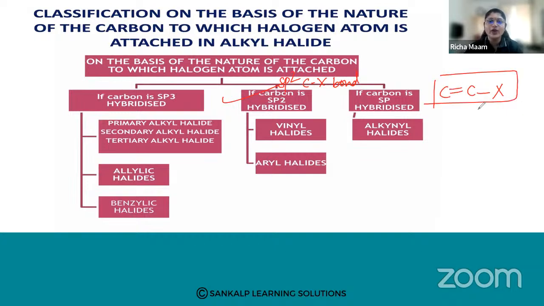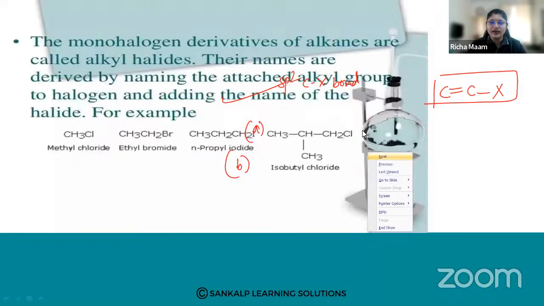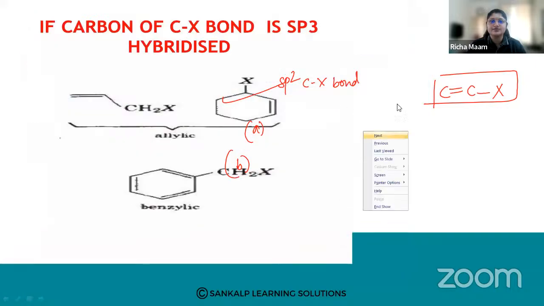When you have such a nature of carbon atom to which the halogen is bonded, these are further classified as vinylic halides and aryl halides. So there are two classifications, please note this down: vinyl halides and aryl halides. We'll see what are vinyl halides and what are aryl halides.